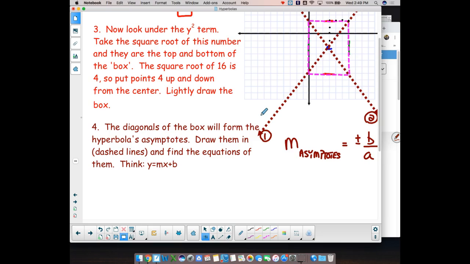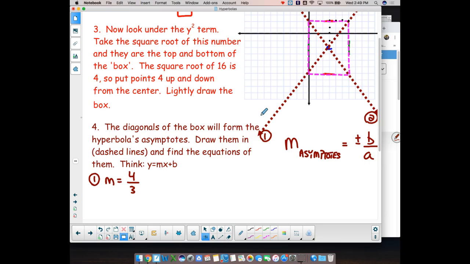So if I want to find the equation of asymptote number 1, that's going up and to the right, so that tells me that it has a positive 4/3 slope. It also happened to be that the corner of the box was on the y-axis.